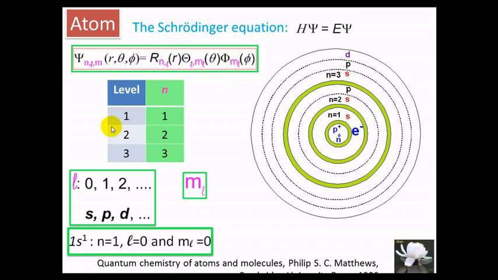Therefore, we can say 1s is the orbital of minimum energy that an electron assumes, where the quantum numbers are n equals 1, L equals 0, and ML equals 0.